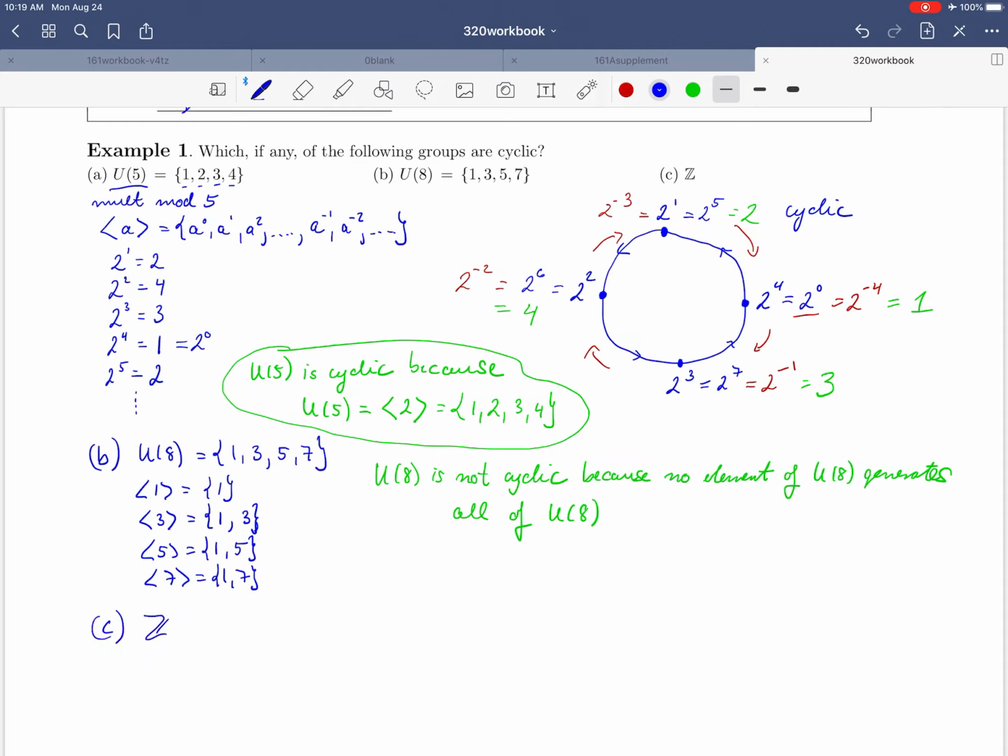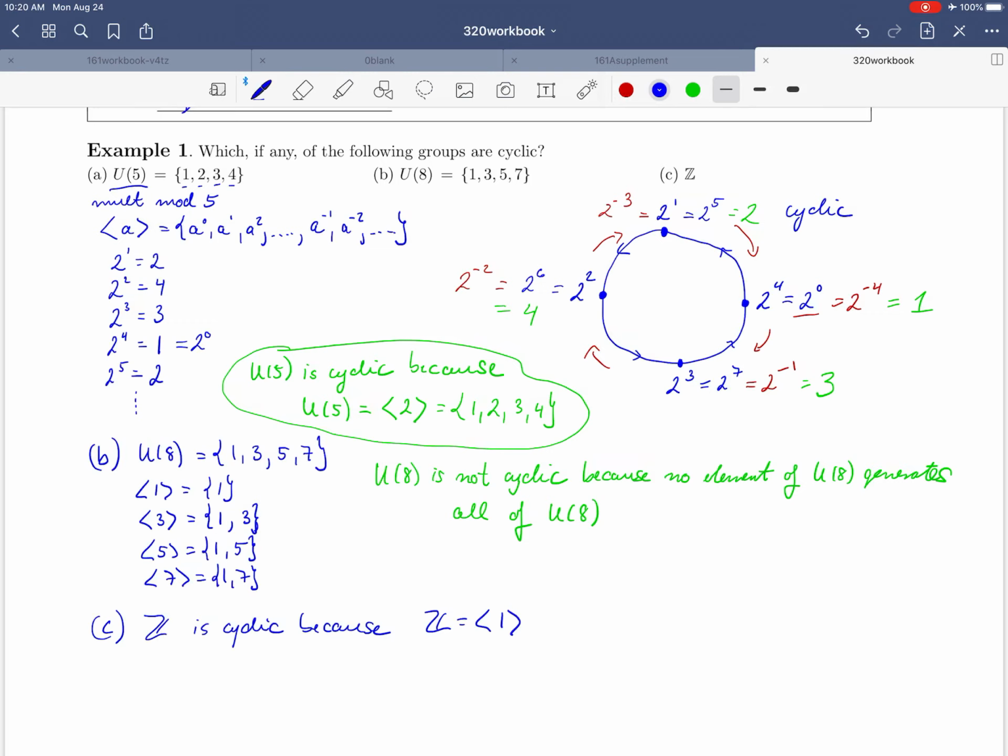What about Z? Is Z cyclic or not? Actually, we already talked about that. It is cyclic. And what are the generators of the integers? Z is under addition, so it's our group under addition. So what number can you add to get all other integers? 1 works. And note 1 is not the identity.